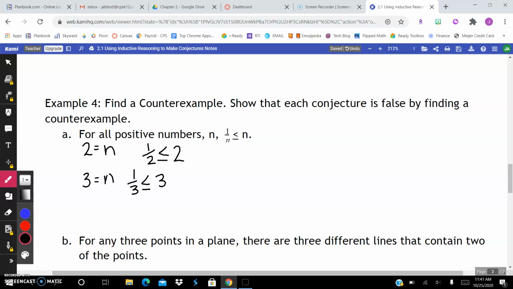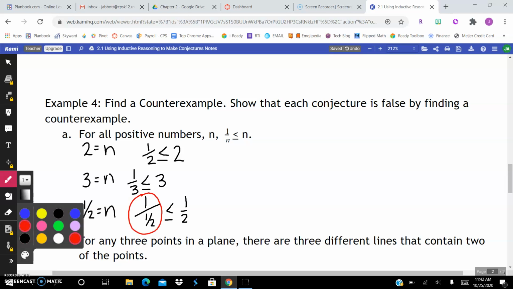So with whole numbers, it doesn't look like we're going to be able to prove it false. So let's try a fraction. Let's try 1/2. So 1 over 1/2 is less than or equal to 1/2. This now becomes a division of fractions. So we have to keep, change, flip. We keep that 1, change to multiplication, and flip 1/2.